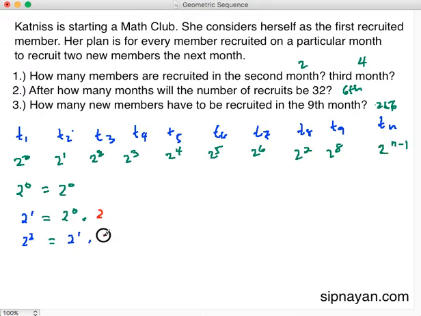Pero yung 2 to the first power natin ay 2 to the 0 times 2. Ibig sabihin, pwede natin yan palitan na 2 to the 0 times 2 times 2. Kinopya ko siya dito, yung 2 to the 0 times 2. Kaso meron pa tayong isa dito na 2. So 2 times 2, magiging 2 squared siya.